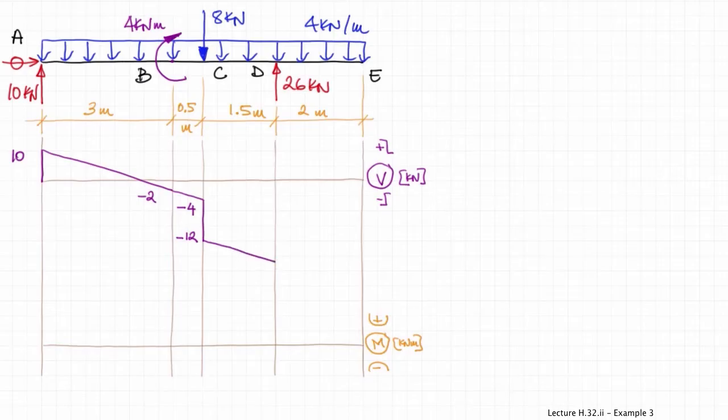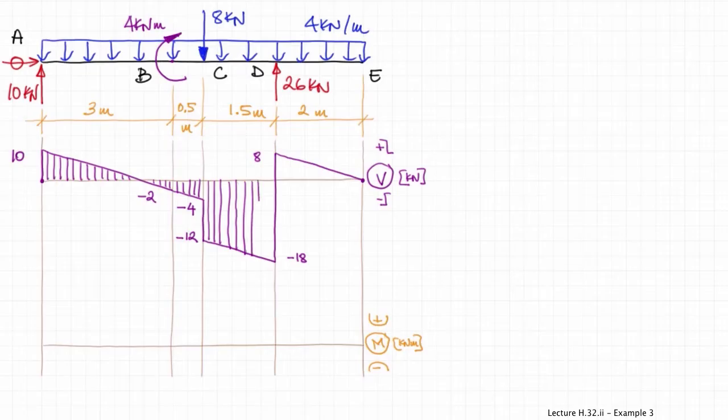Then it jumps downwards by the magnitude of the concentrated force of 8 kilonewtons at C to negative 12, follows through with a negative slope of 4 kilonewtons per meter again to negative 18, jumps upwards by the magnitude of the reaction force at D, so by 26 kilonewtons, to plus 8 kilonewtons, and then with the same slope of 4 kilonewtons per meter, it goes down to 0.